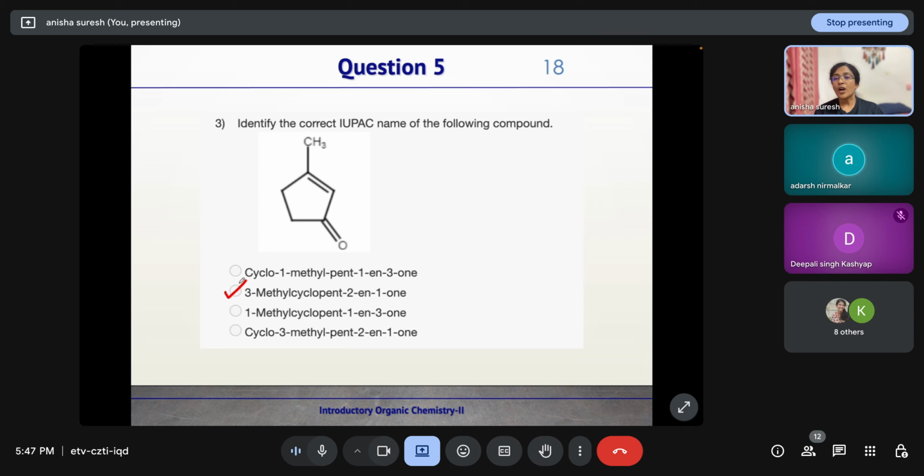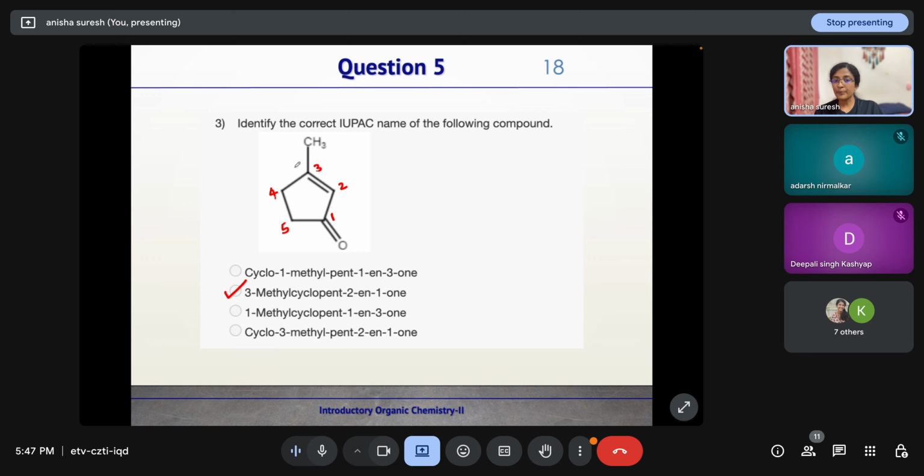Okay. So how are we naming and numbering it? First, it should be starting from the functional group. So 1, then if alkenes are there, that will get the next preference. So 2, 3, 4, 5.